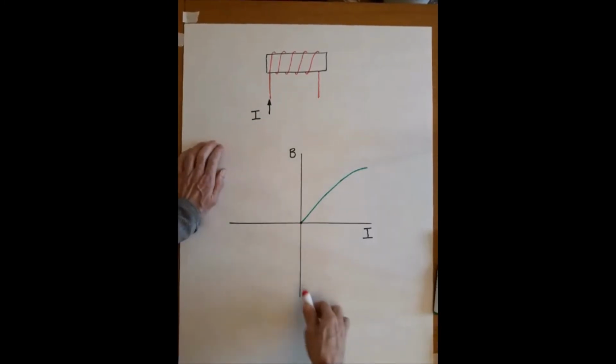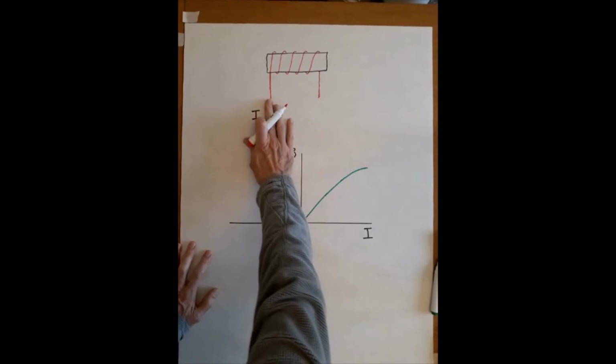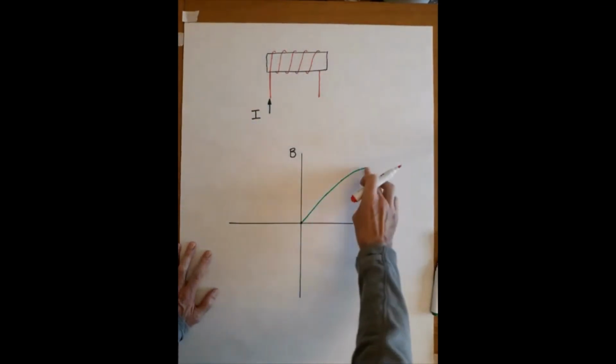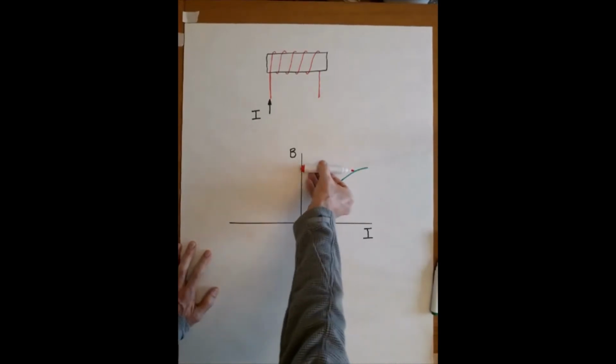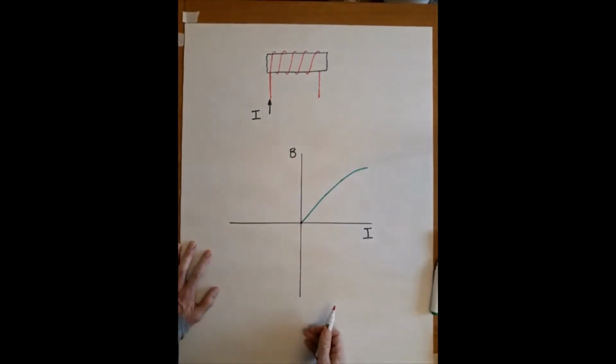So we now have a current flowing in here, we have a magnet, and we've got magnetic saturation. A particular current produces a particular flux density.